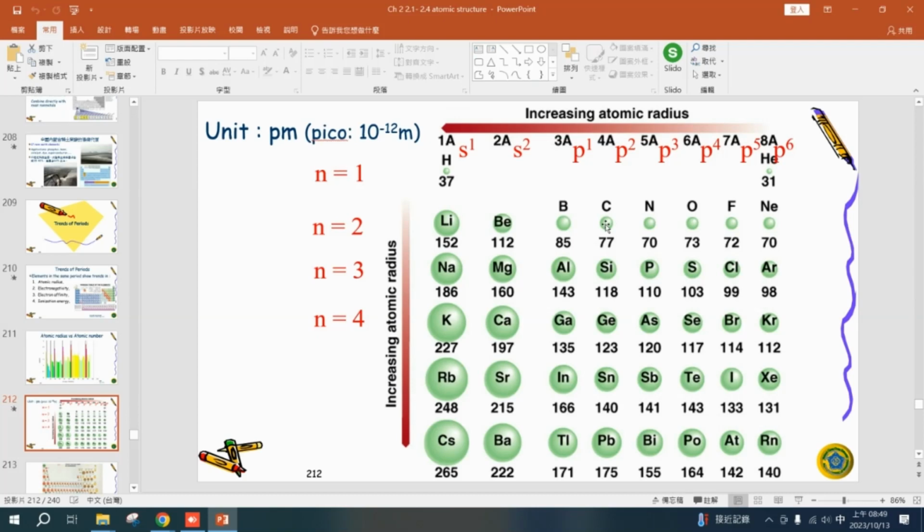According to Coulombic attraction, the electron will be pulled in closer to the nucleus. That means the radius will become smaller, right? So this is the reason. This is the trait of the atomic radius according to the periodic table.